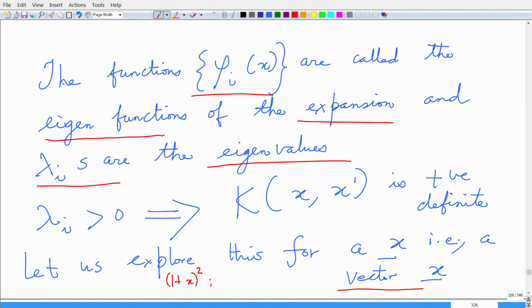Instead of this, I could do 1 plus x transpose x to the power 2, where x is a vector, say belonging to some dimension d. This is a straightforward extension that one could do for kernels that act over vectors.